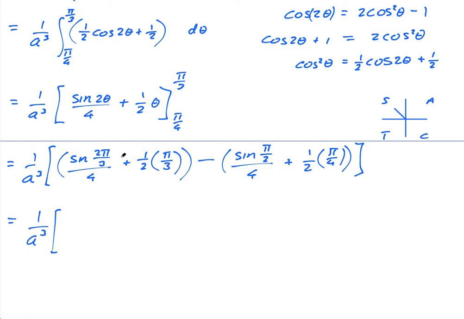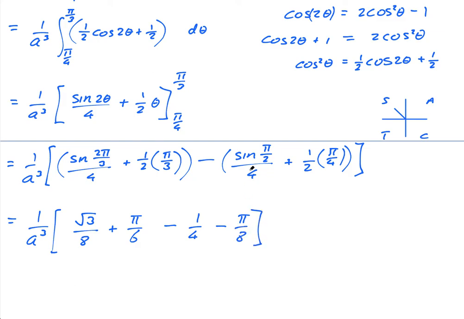So it's going to be the same as the sine of pi over 3, and the sine of pi over 3 is root 3 over 2. So this is root 3 over 2, and it's divided by 4, so it's actually root 3 over 8, plus pi over 6. And then I'm going to minus, so sine of pi over 2 is 1, so it's minus a quarter, and then it's minus pi over 8.